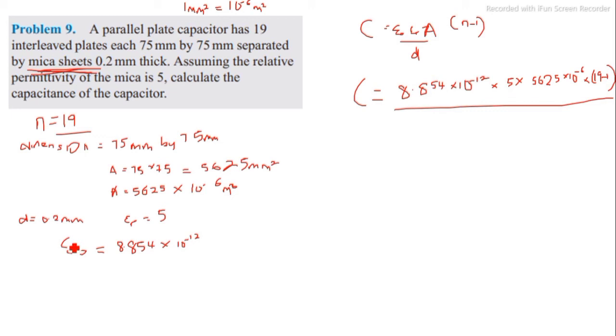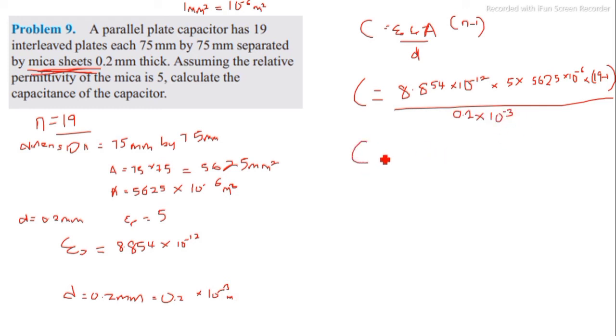What's the distance between the plates? That's 0.2 millimeter. Let's convert that: 0.2 millimeter will be 0.2 times 10 to the minus 3 meter.